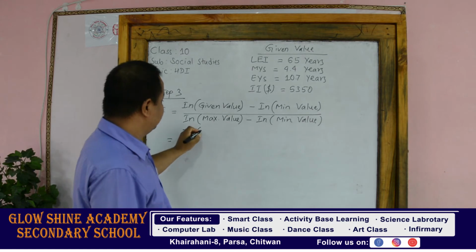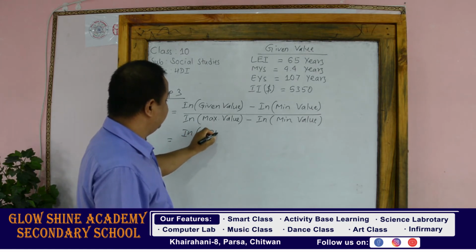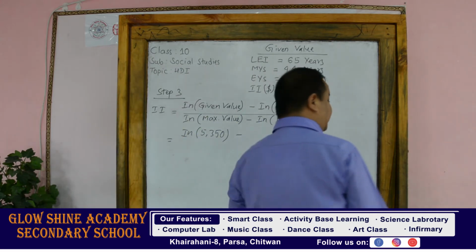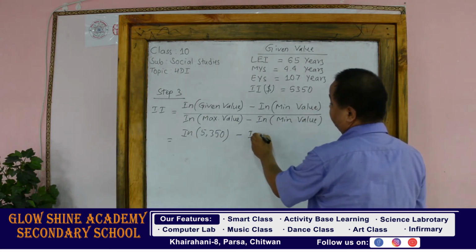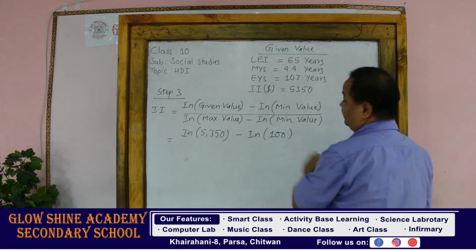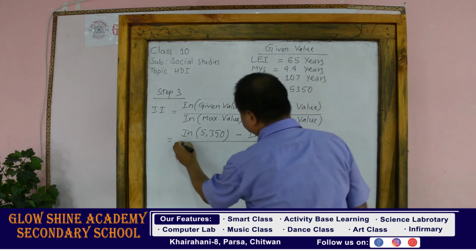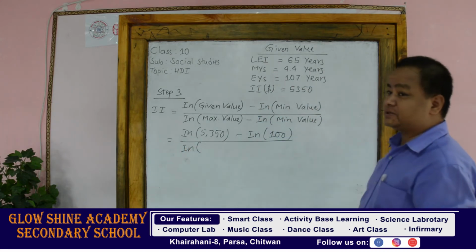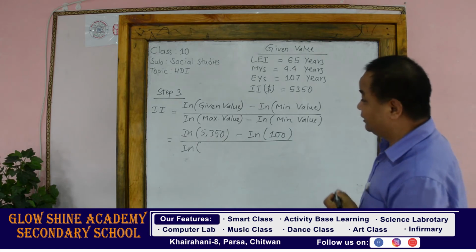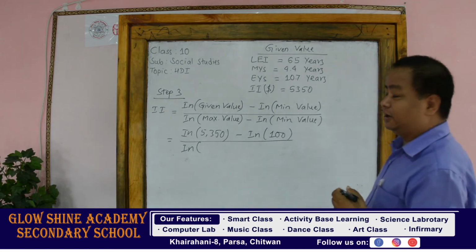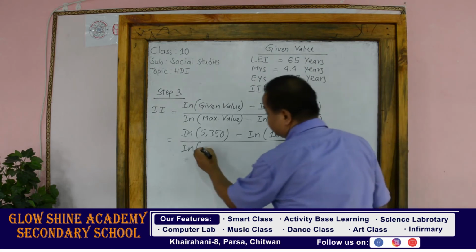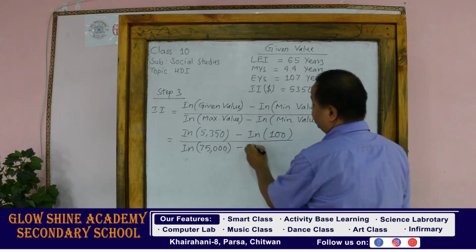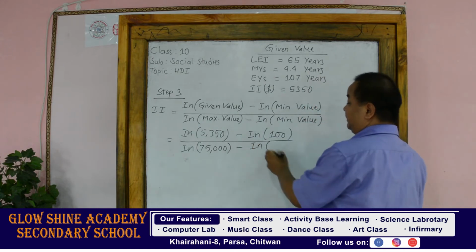Given value is 5350 minus, we know the minimum value, $100 is the minimum value, and again we know the maximum value, the fixed value which is used globally, 75,000 US dollars, and minimum value is 100.